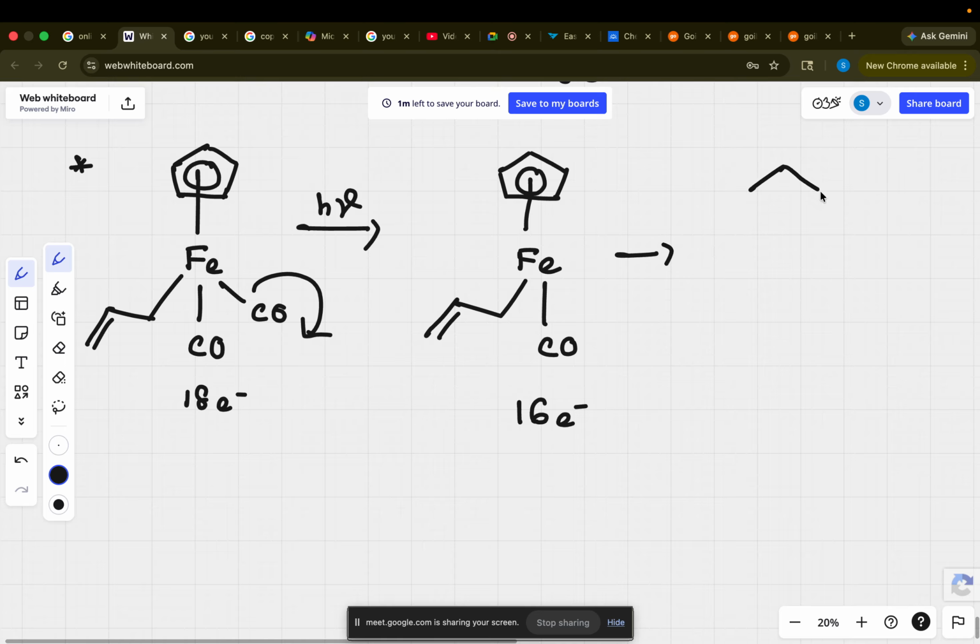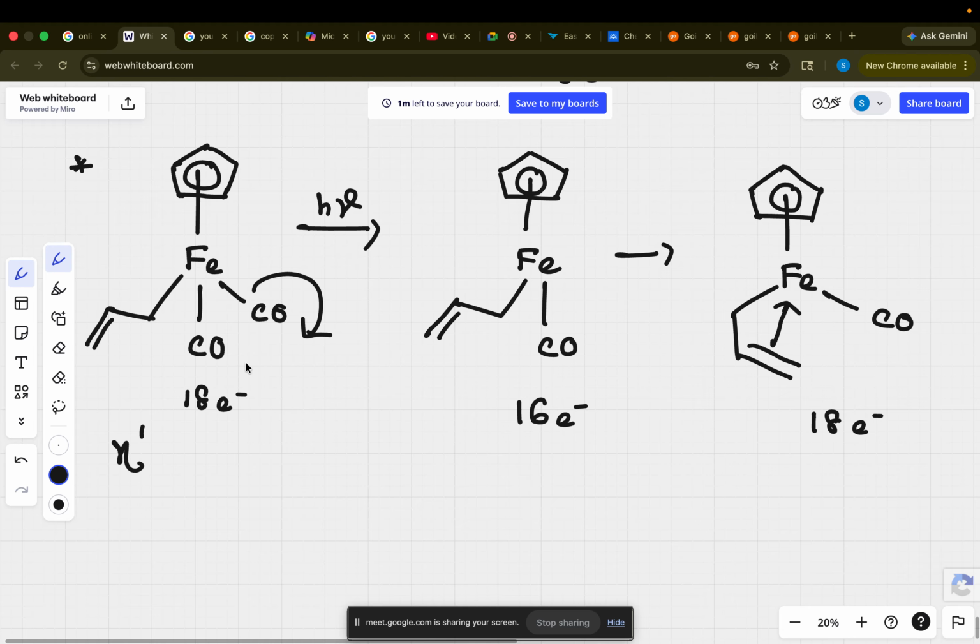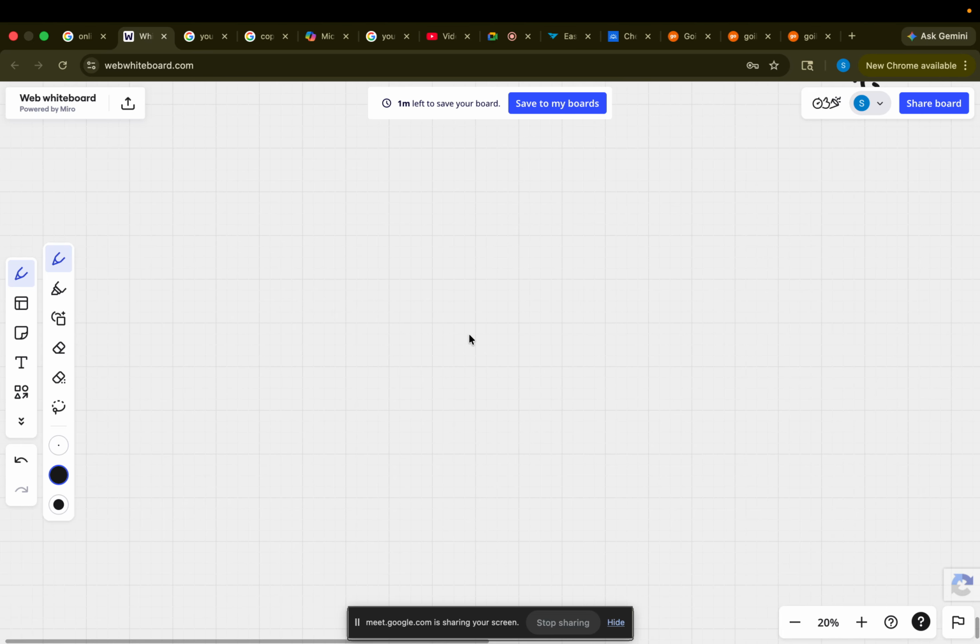You have this cyclopentadienyl, then iron, CO, and this thing, 1 2 3. So this thing will happen, and again you are getting 18 electrons. Here this ligand was acting as eta 1, but now it is acting as eta 3. That's it. Clear? Done? Yes, sir. Clear, done.